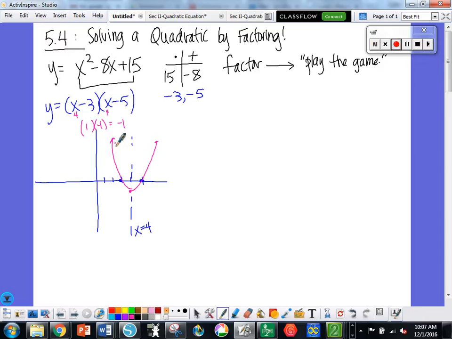Okay, so we plugged in x equals 4 into the equation to know where the vertex is. Okay? Because you're finding the location of y. X is, yeah, the line of symmetry, yeah.